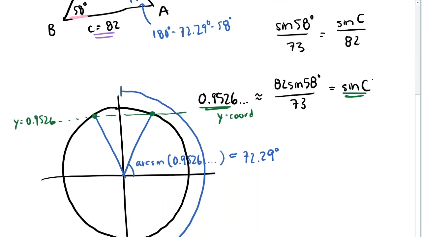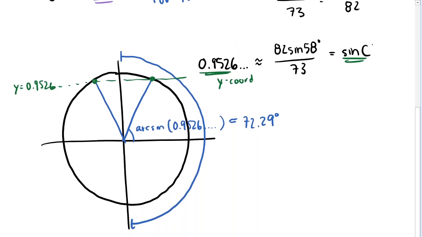But now let me go back to this picture here. So we said that there's another angle that could possibly work, that would fit for this angle C. And again, earlier we said that sine of pi minus theta is always equal to sine of theta. And in degrees, this is expressed as sine of 180 degrees minus theta is equal to sine of theta.